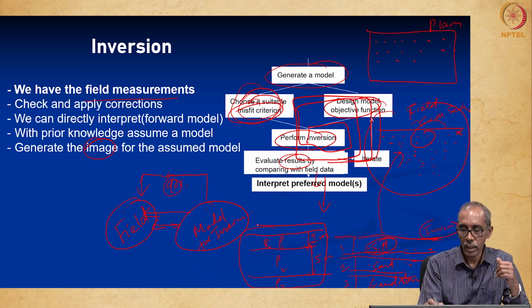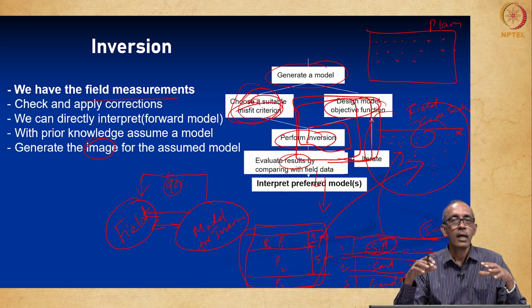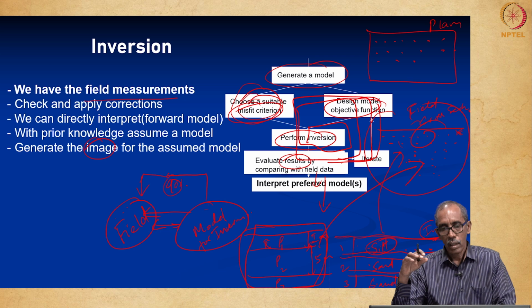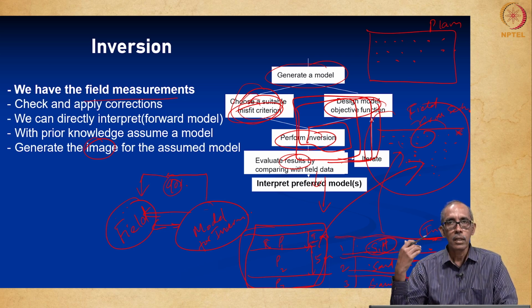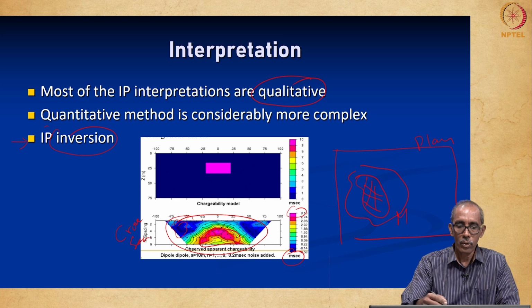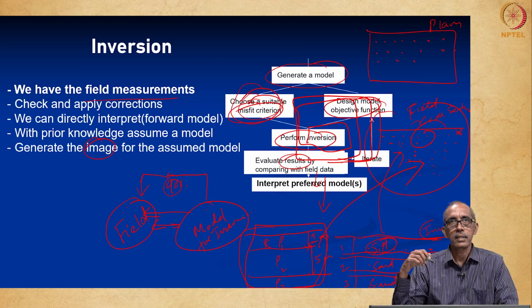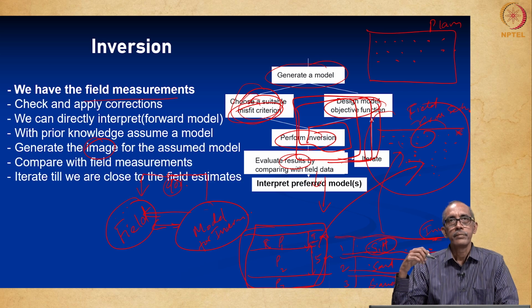Whatever we have assumed here exists at the field. So, this is what is known as inversion. The concept of inversion is the same for all the geophysical methods. Inversion is one of the techniques which we often use in the induced polarization method too. So, interpretation is made by qualitatively looking at the image or by inversion as we have seen now.